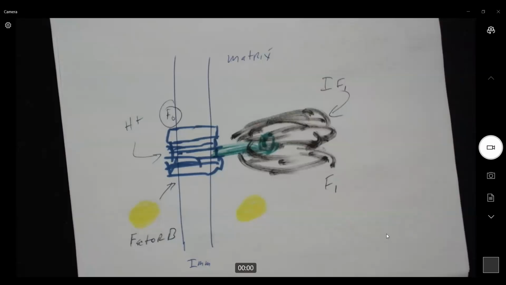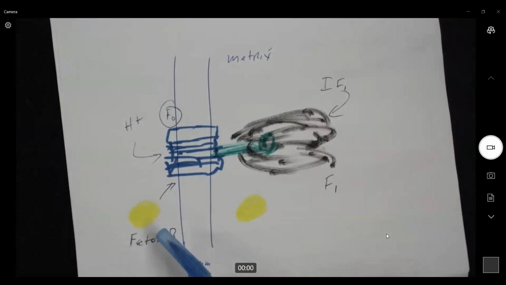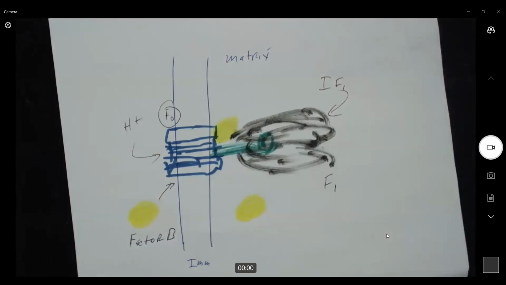Sorry about that. I didn't pay attention to where I was drawing. It will block the leaking of protons across the inner mitochondrial membrane. So this is going to essentially bind here.